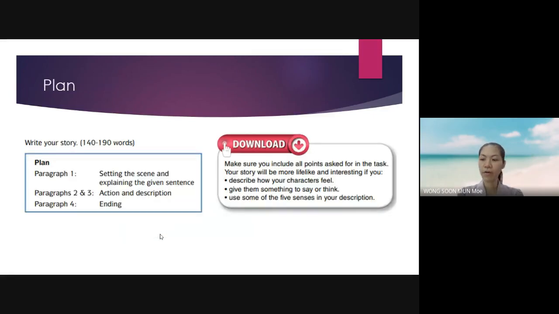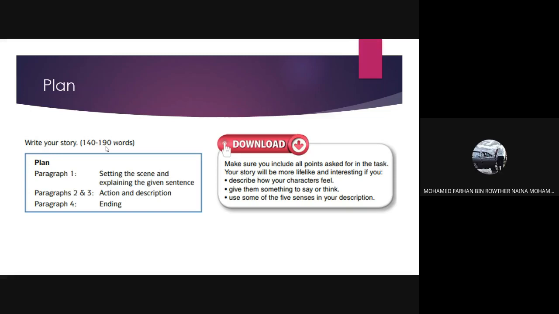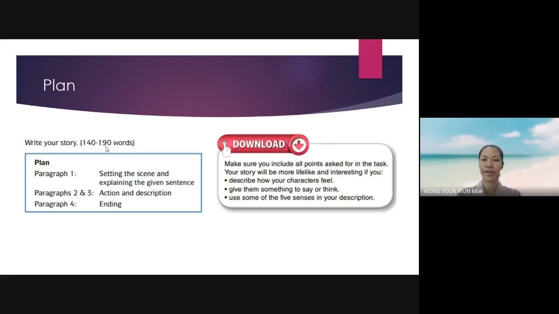All right, before you start writing, I want you all to plan your story first. Again, your story is not too long, only about 140 to 190 words. But if you are good, maybe you can write up to 250 words.